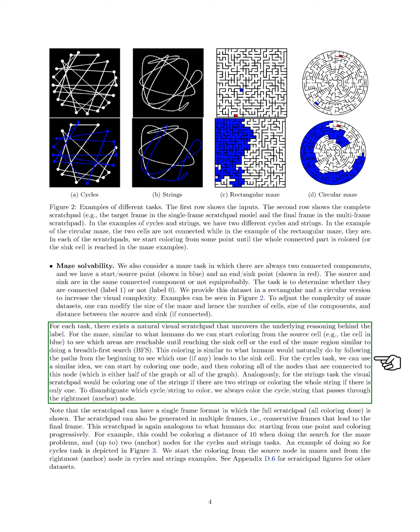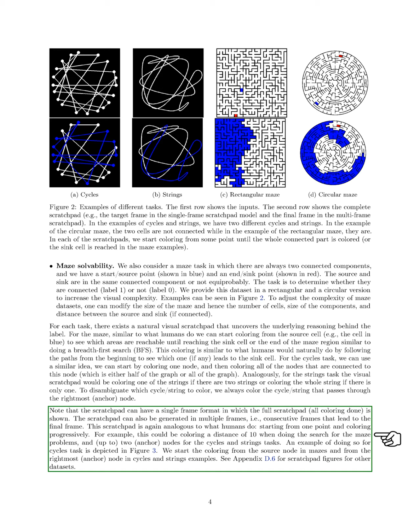For each task, we can visualize our reasoning process. In the maze, we might color cells starting from the source to see which areas are reachable, similar to a breadth-first search. For the cycles task, we can color nodes connected to a starting node, and for the strings task, we color one or both strings based on their configuration.